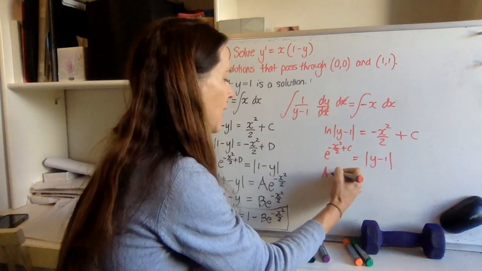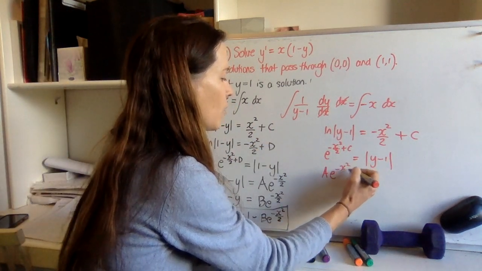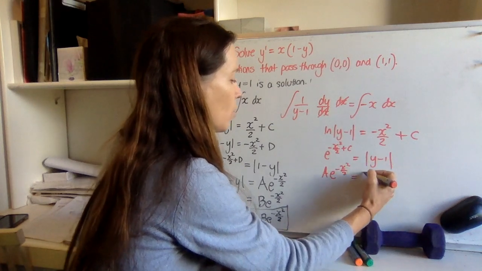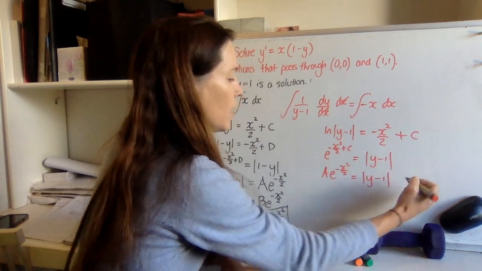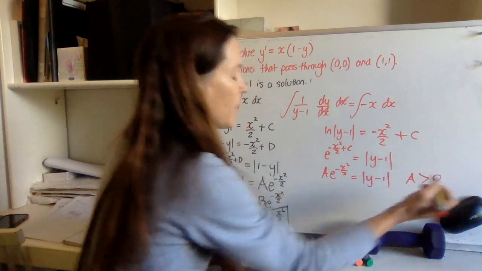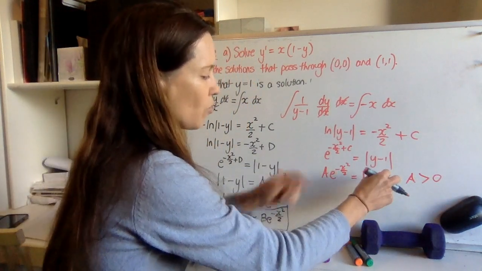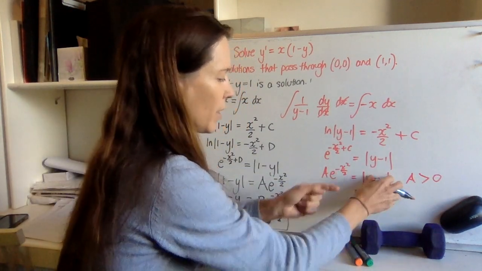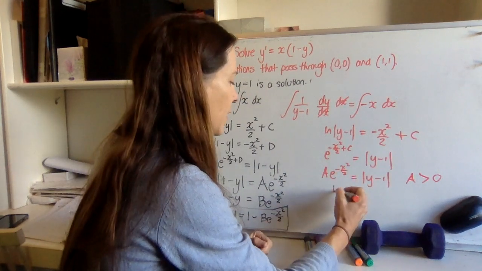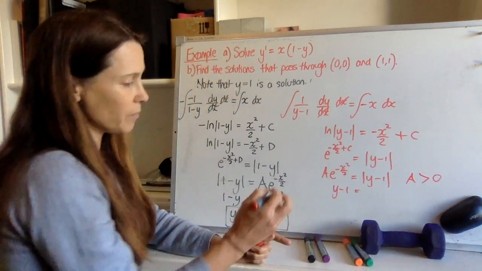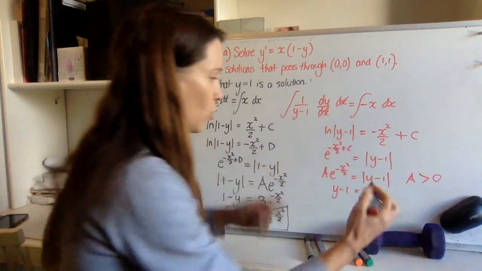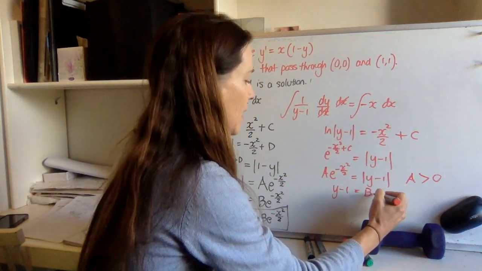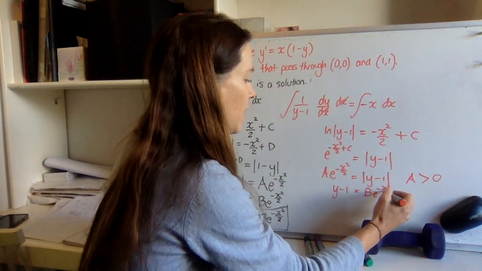So we've got a e to the minus x squared on 2 is equal to still an absolute value, and we would have said that a has got to be greater than 0. And now to drop those absolute value brackets, we can write this over this side this time and that over that side, and just say we've got y minus 1. We would have had to change a into, let's say, b, and specify that b can be anything.